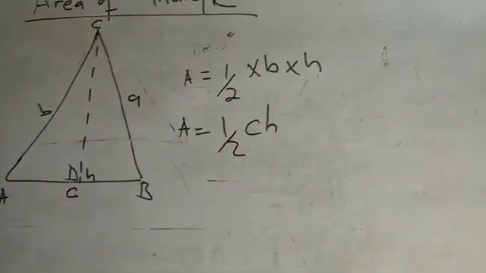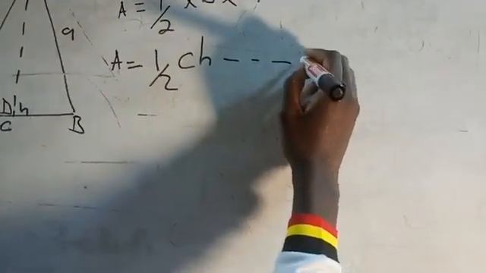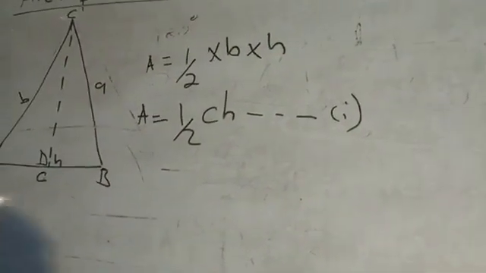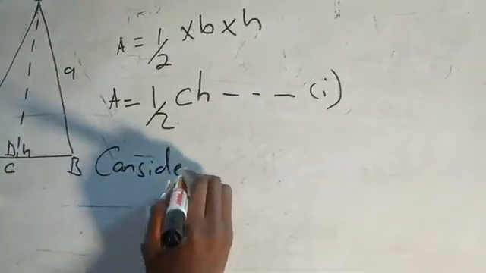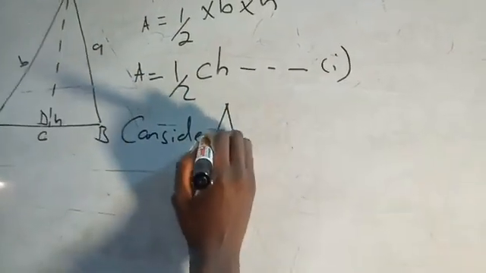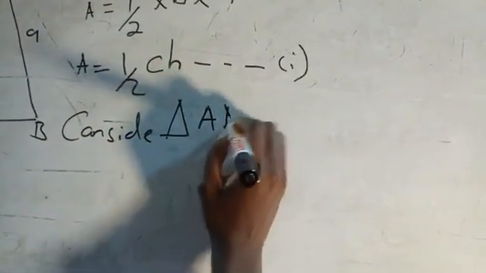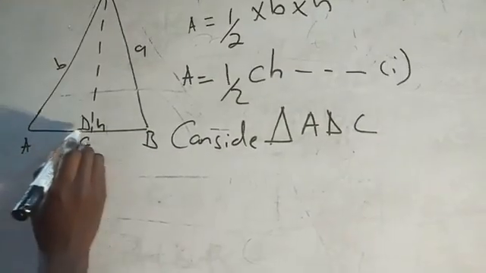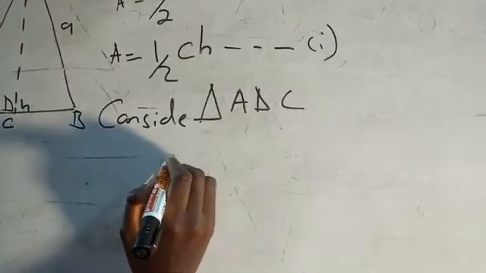Let's name this equation 1. Let's try to consider triangle ABC, which is here, and let me try to sketch it.